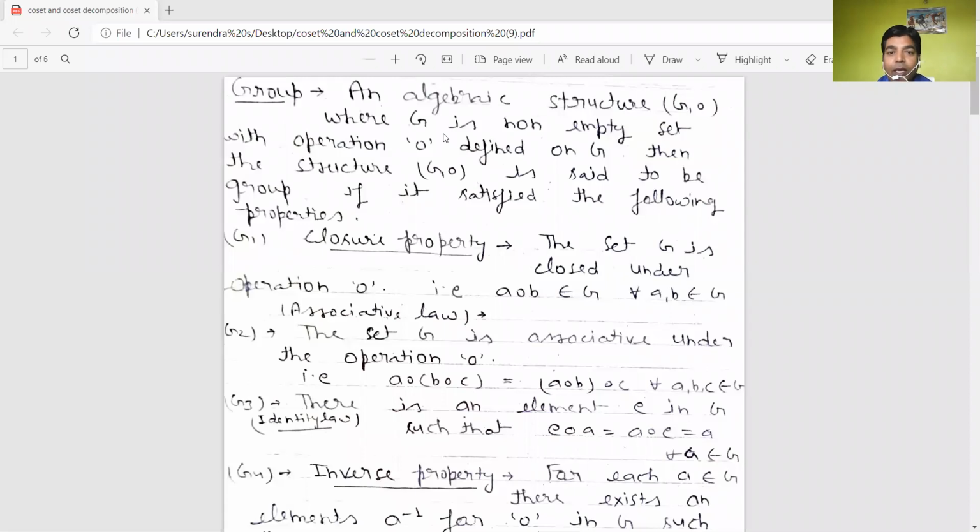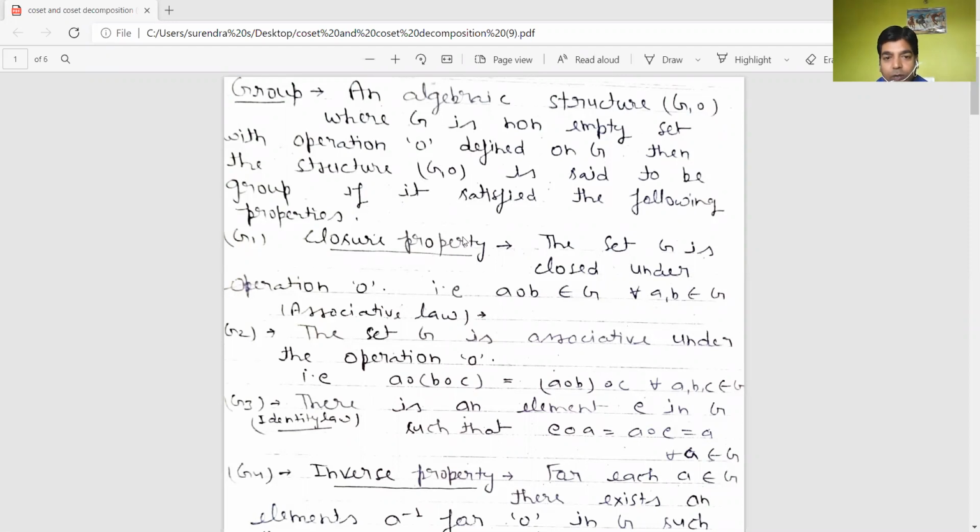Now we will share some slides about the group. An algebraic structure (G, O), where G is a non-empty set with operation O defined on G, is said to be a group if it satisfies the following properties.